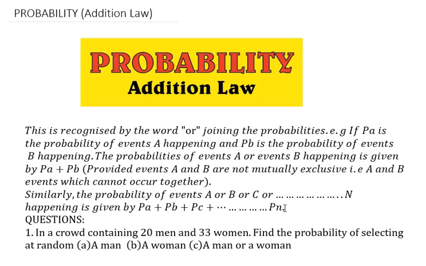And in probability, the basic principle is the probability of what you are looking for over the total number of occurrences that is happening. As we journey through the question on the screen, you will understand better. So I want us to pay attention so that the moment we understand these basics, we'll be able to solve any question in probability, provided it is the addition law.